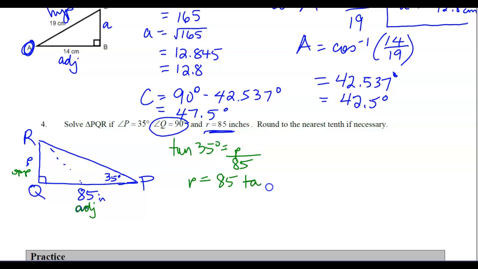Okay, so enter that into your calculator. And that will be your side p, the other leg of the triangle.